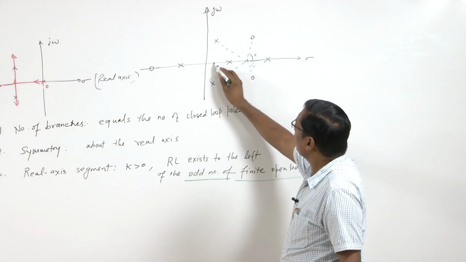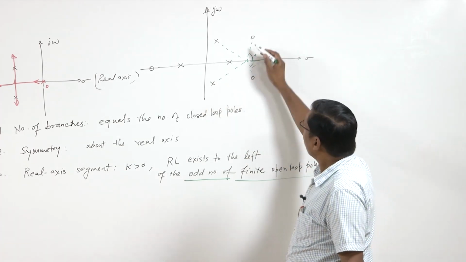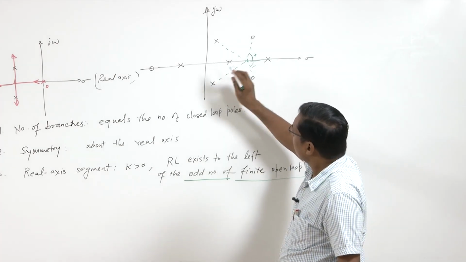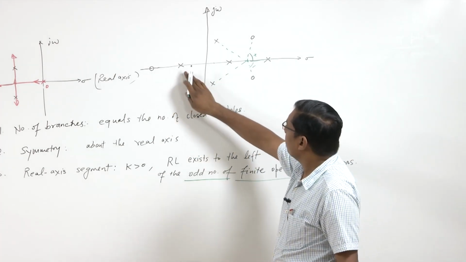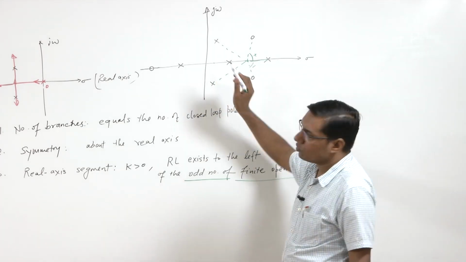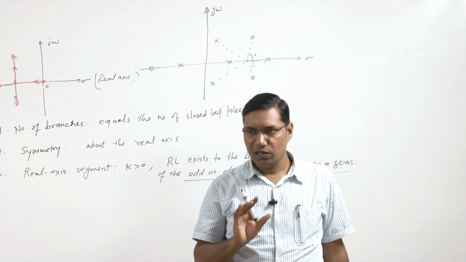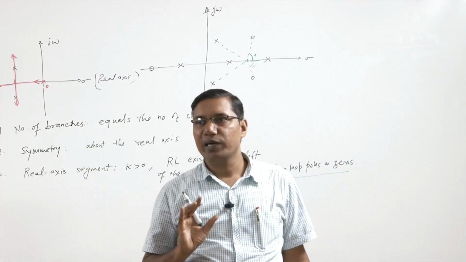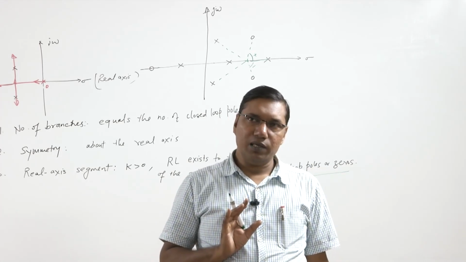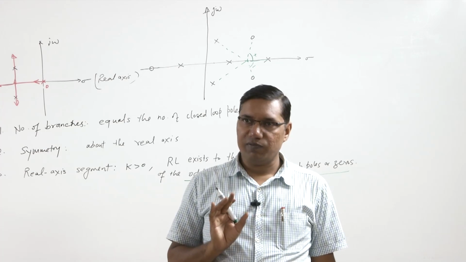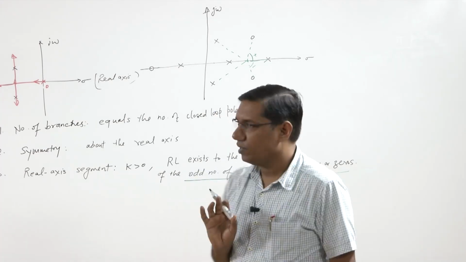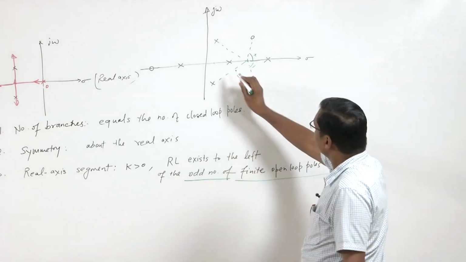If this point is here, of course the effect of these complex poles and zeros will be cancelled, and the effect of this will be 0, but the effect of this is 180 degrees and another 180 degrees, that is 360 degrees. So this is an even multiple of 180 degrees, and with the condition that the point is on the root locus, it must satisfy the angle condition with an odd multiple of 180 degrees. So it is not satisfied here.